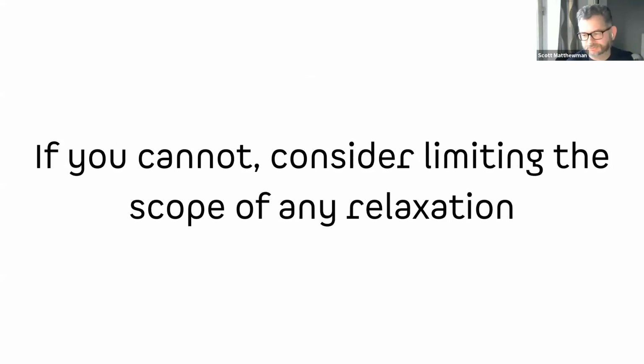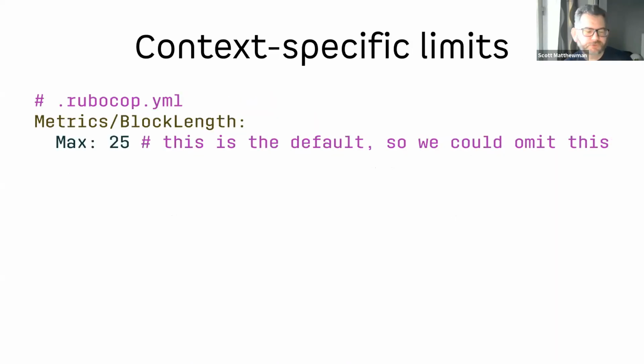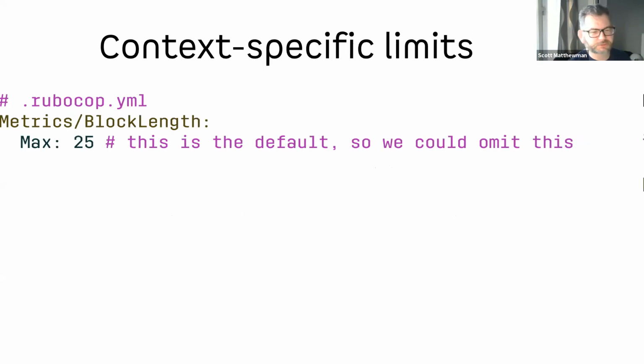For example, the default block length is 25 lines. So imagine that we've specified that in our config file. Now, if you get to something like the migration files in the DB folder, sometimes those blocks do need to be quite long, particularly if you're defining models that have lots of arguments, lots of columns.